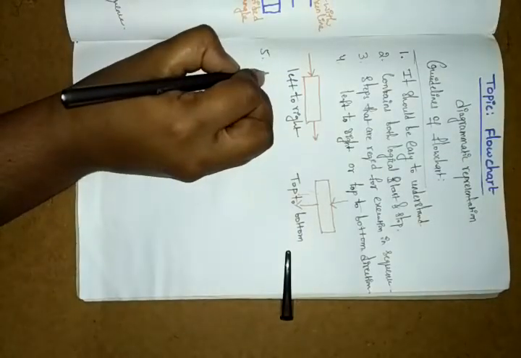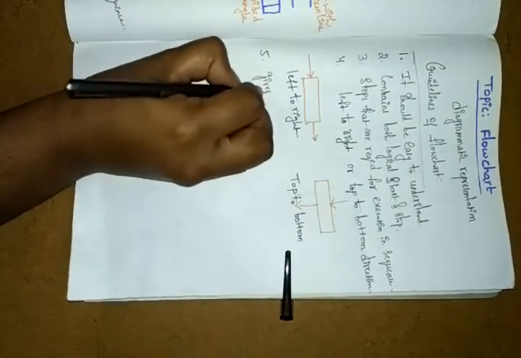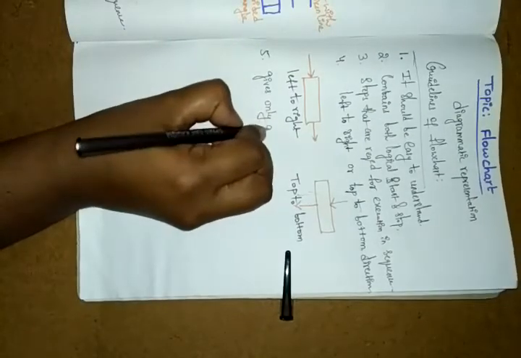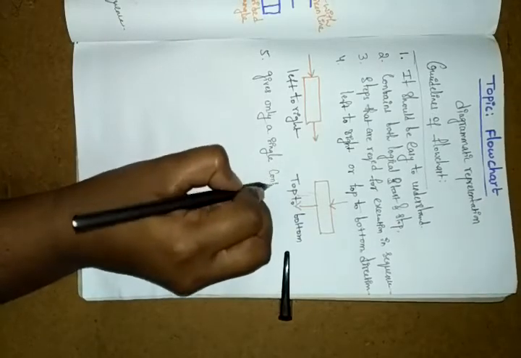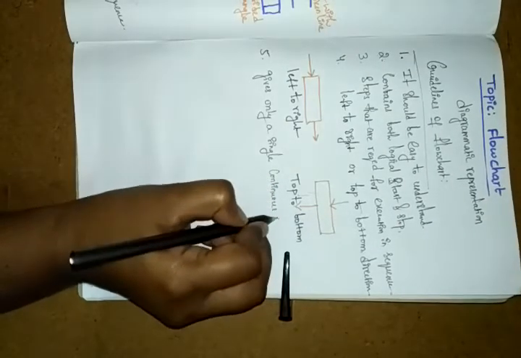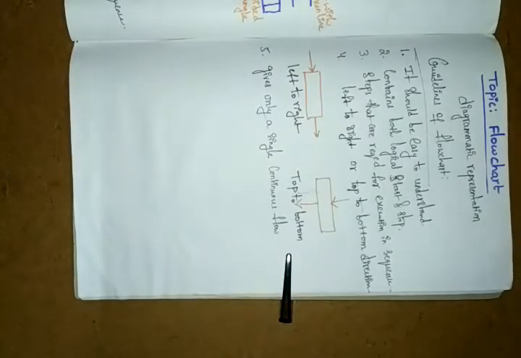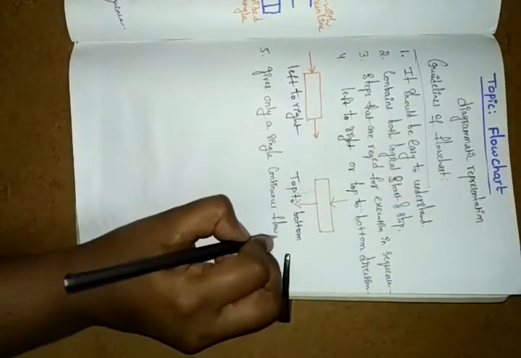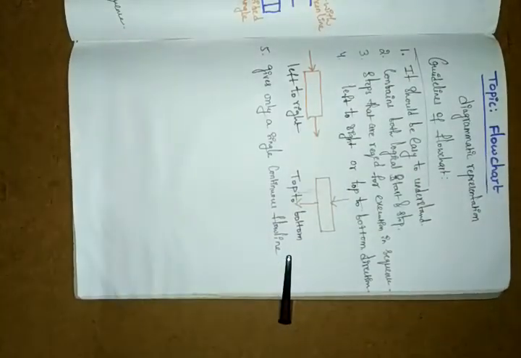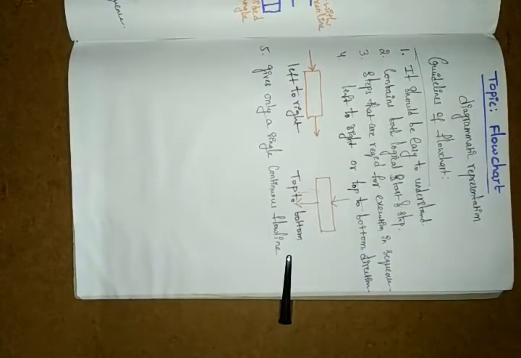Whatever problem you are creating for the flowchart, you always take a continuous flow line. Flow line means it is one single line with arrows in the whole process.